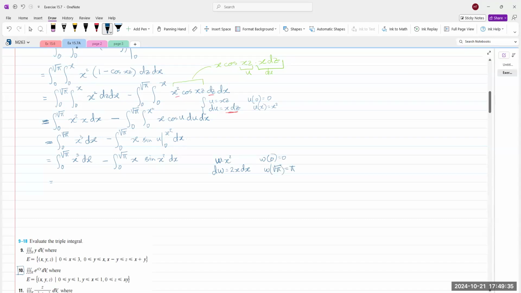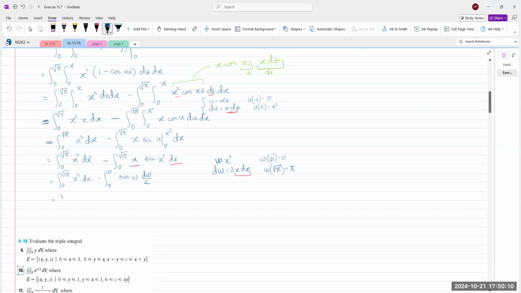Okay, so this is the integral from 0 to square root of pi of x cubed dx minus the integral from 0 to pi of sine w dw over 2. That's because x dx is my dw over 2.